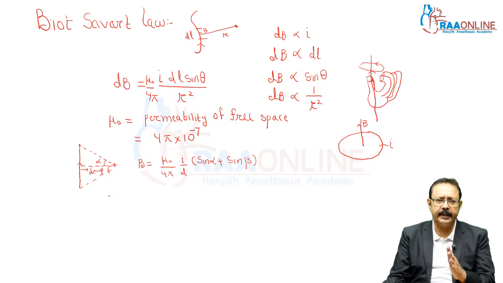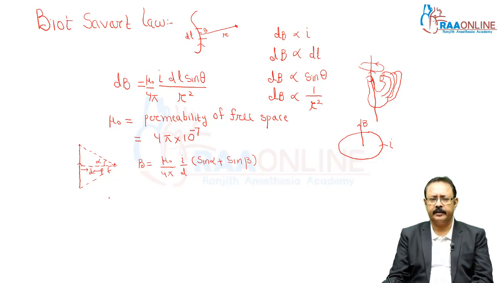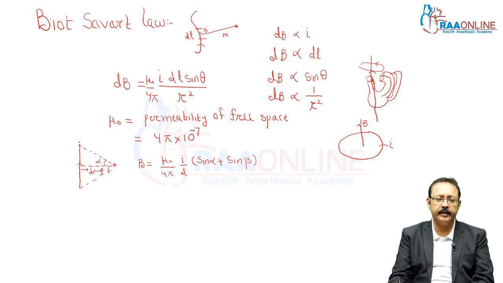Now, 3 cases will arise. If your conductor is of infinite length, you can imagine if I am increasing the end point towards infinity, alpha will increase. If this end is moving towards infinity, beta will increase. So, what should be the limiting value of alpha and beta?